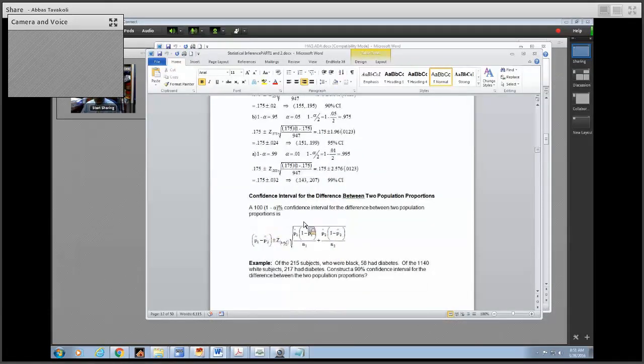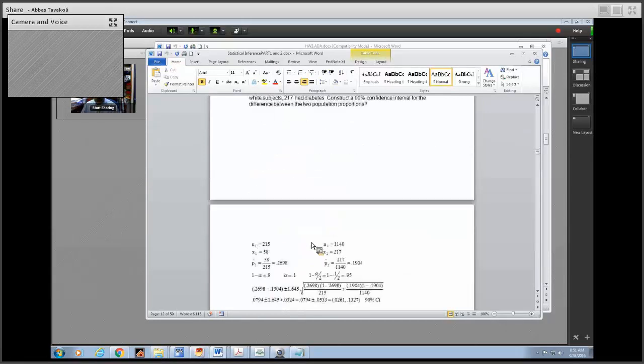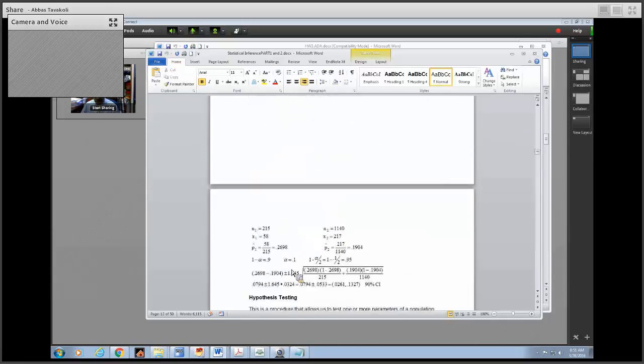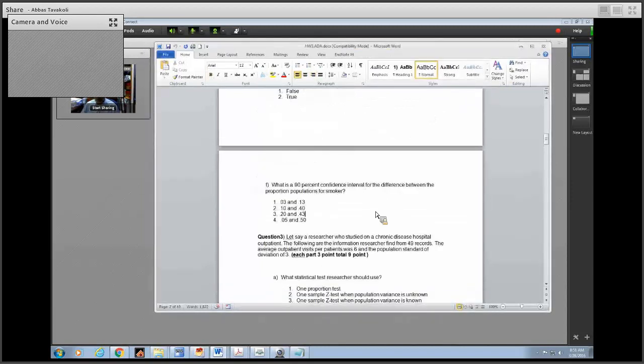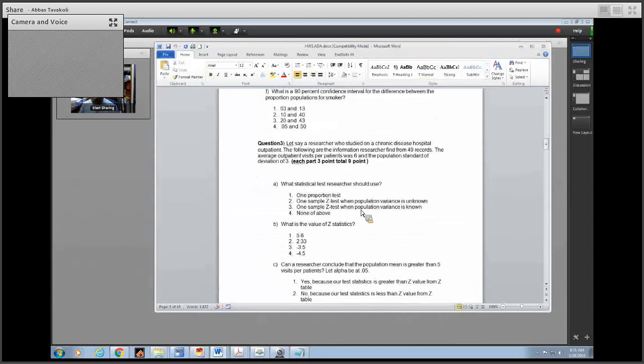So you replace that information. That was for 90%, and this is for 95% here. So you do the same for male smokers and female smokers. And this is the difference between two proportions you can use.